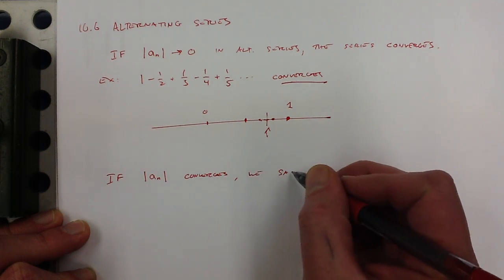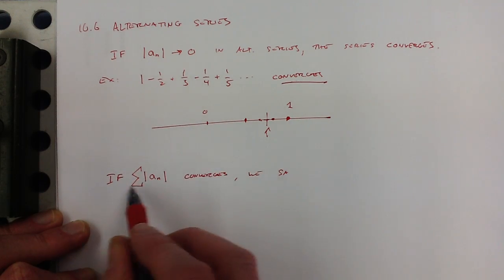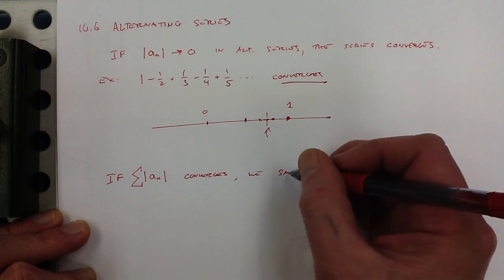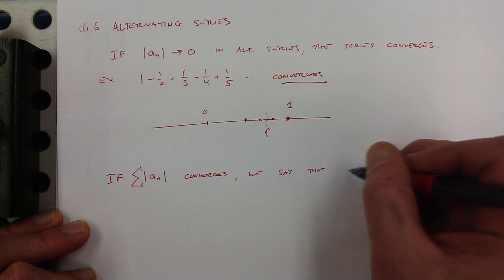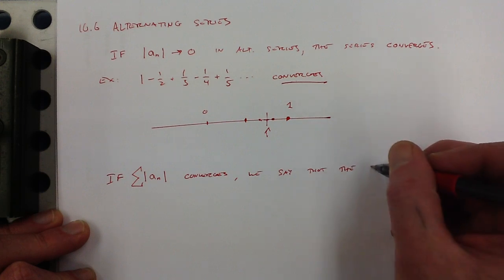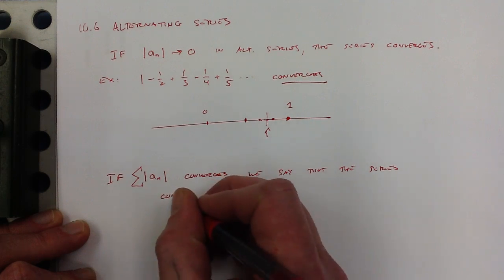If the sum of the absolute values converges, we say that the series converges absolutely.